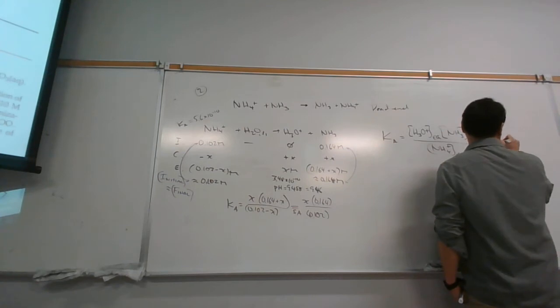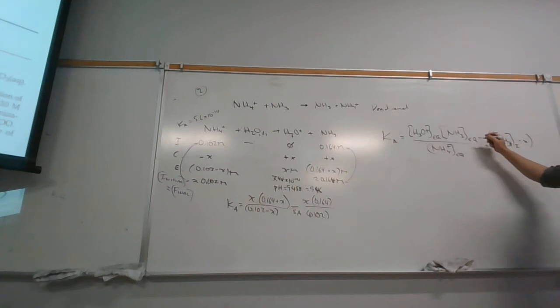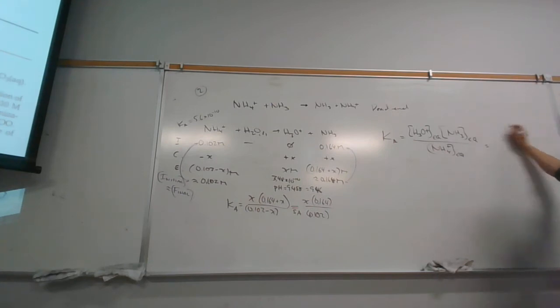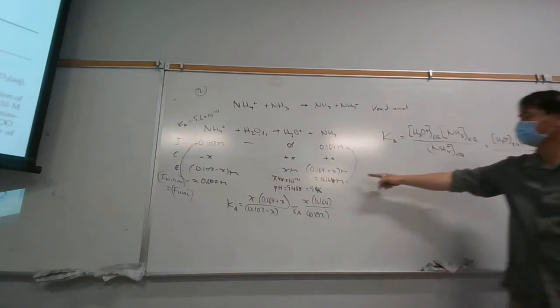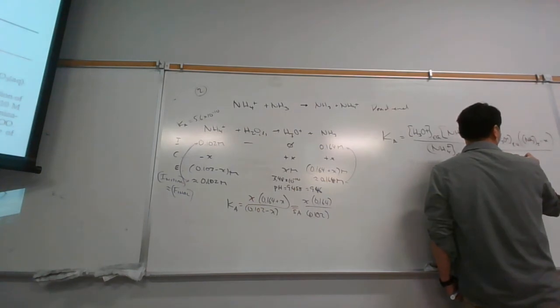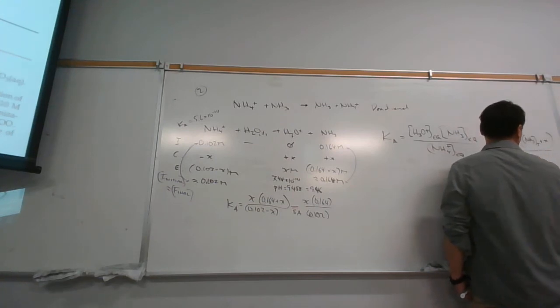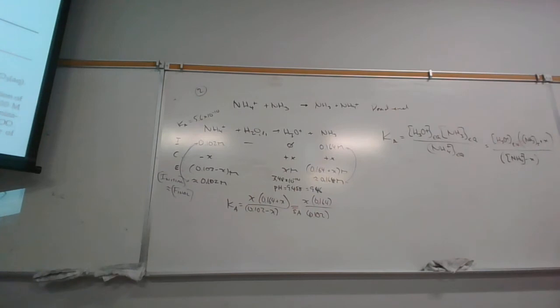So this is going to be equal to the hydronium ion concentration times the ammonia concentration initial plus X, divided by the ammonium concentration initial minus X. I think I got it right now.